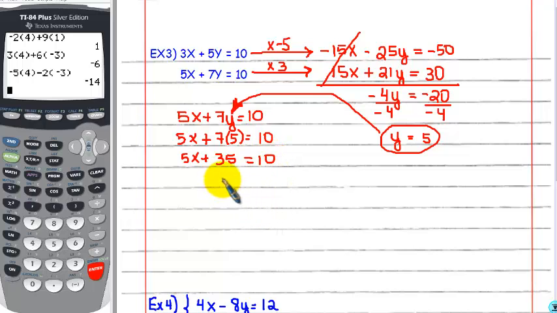And so we're going to have 5x equals 10 minus 35, because we moved the 35 to the other side. And this would be negative 25. Divide both sides by 5. So this would be x equals negative 5.